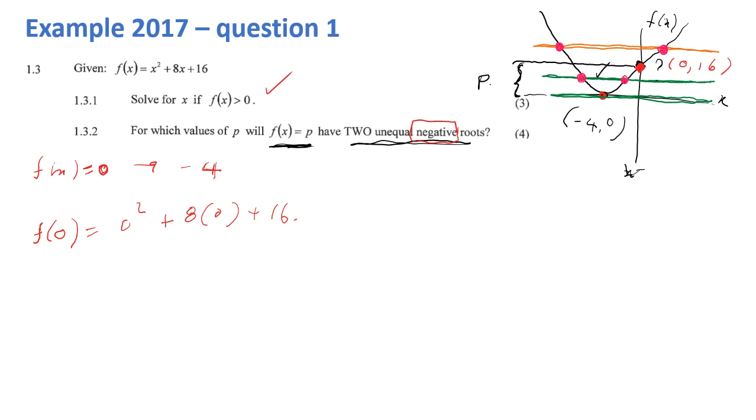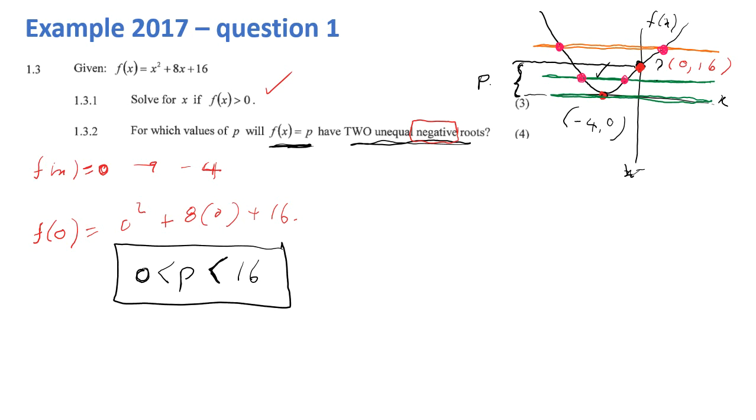Okay, so what's the solution now? p can't be 0, but it has to be larger than 0. If it's 0, it has equal roots. p can't be larger than 16. But it can't be 16 either, because then that root value is exactly 0, and it has to be negative. So it has to be values smaller than 16. And that's the answer.